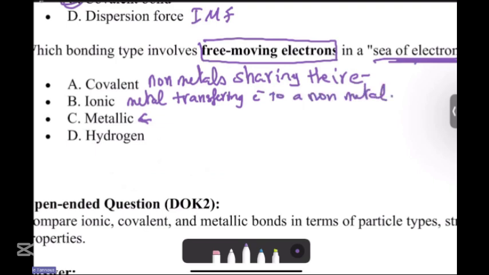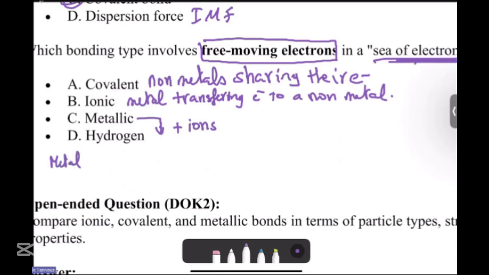So there is no free moving electron. The only one where there are free moving electrons is the metallic, where you have positive ions. These were the metals that lost electrons.